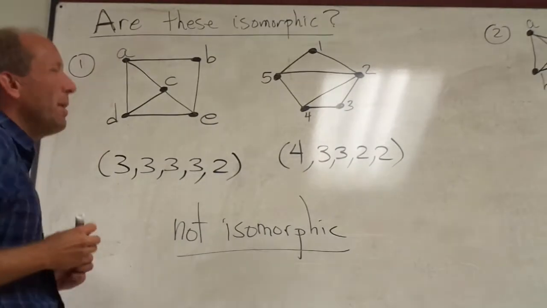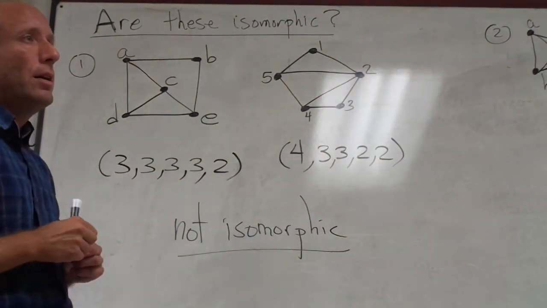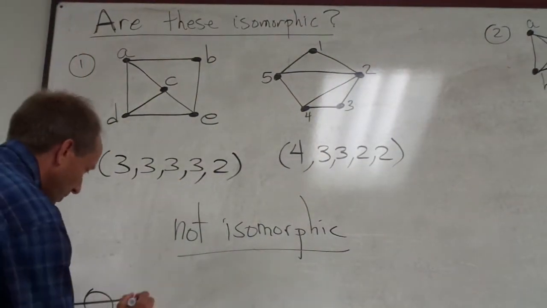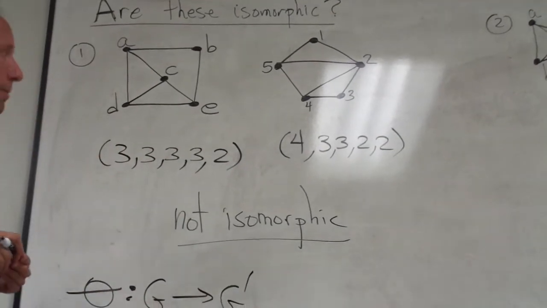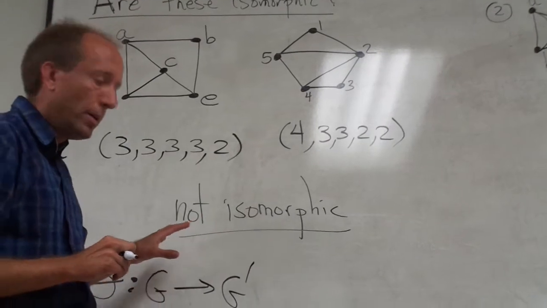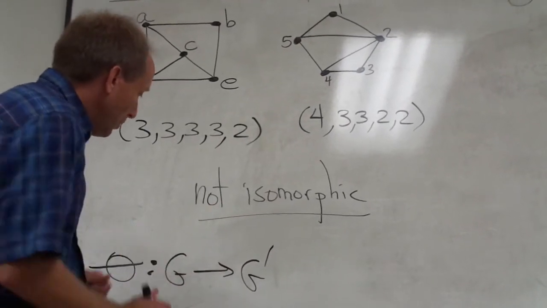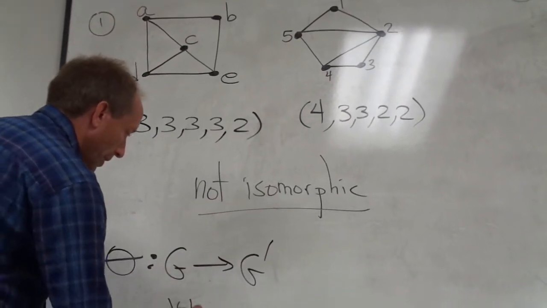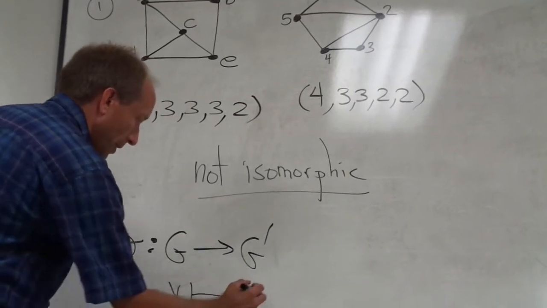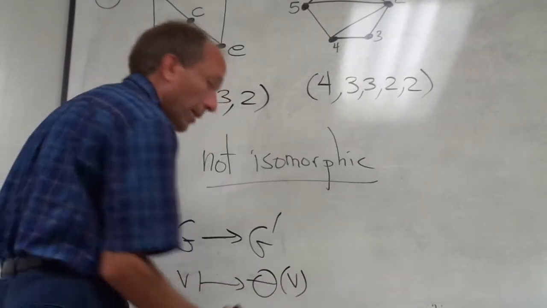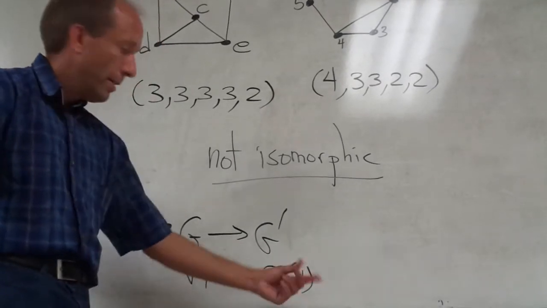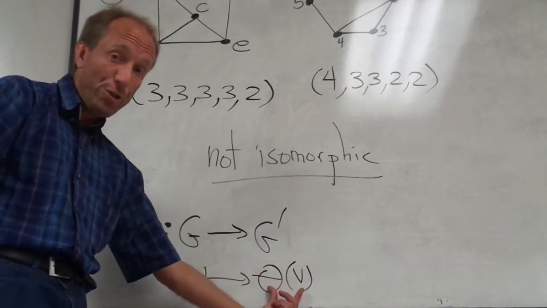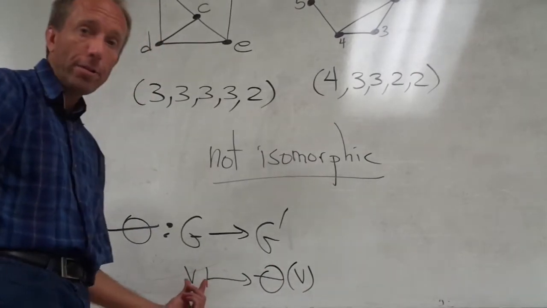Another way to think about it is, if you do have an isomorphism, theta, between G and G prime, if I have two graphs, G and G prime, then if you take a vertex little v and you map it to theta of little v, one thing to keep in mind is that the degree of this vertex, theta of v, will have to be the same as the degree of v.